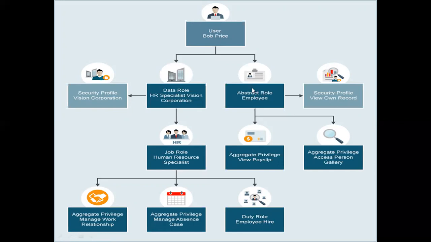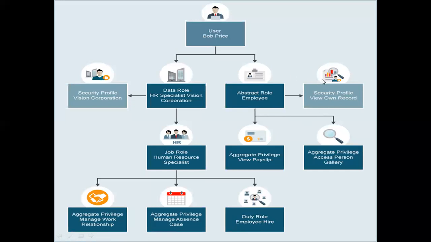You got the point, right? You're not confused here, right? So as an employee, Bob inherits the aggregate privileges and duty roles that provide access to all tasks and functions unrelated to a specific job that every employee performs. Now, the security profile assigned to the abstract role provides the data access only for the role. If he would have been only an employee, he would access only his profile record.